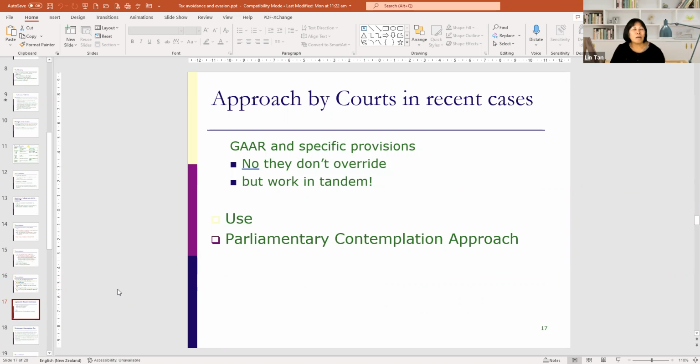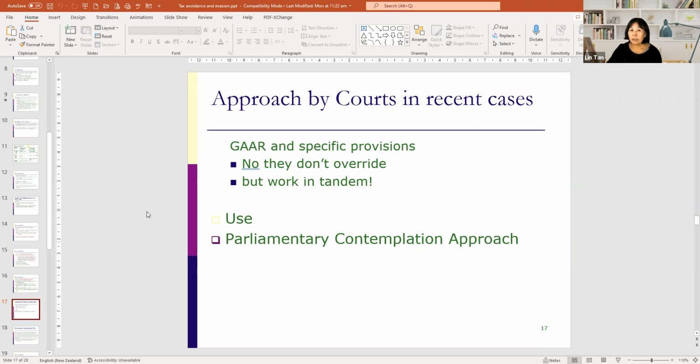We have many cases in the past that actually discuss tax avoidance situations. And again, we have to look at the case law and see how the judges go about deciding whether that sort of arrangement is a tax avoidance arrangement or not.